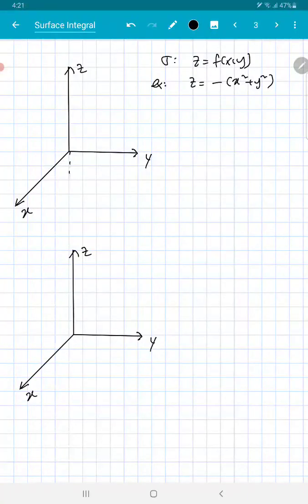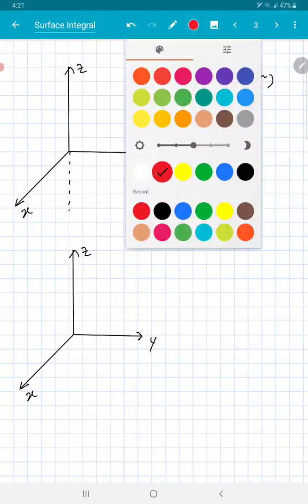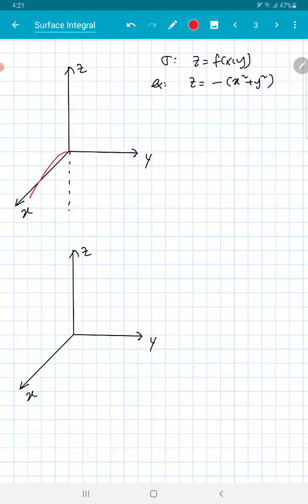This is a paraboloid where if y is 0, you have a parabola, and if x is 0, again you have a parabola that opens downwards. So what you have is something like this. This would be your surface, z equals f of x, y.